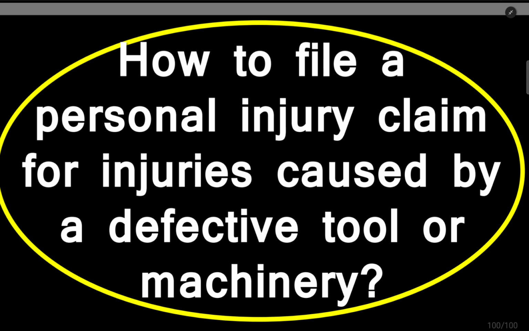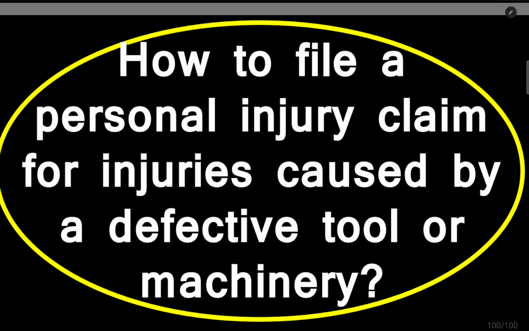How to file a personal injury claim for injuries caused by a defective tool or machinery. If you work with tools or heavy equipment, you know how dangerous they can be, especially when something goes wrong. A defective tool or machine can cause serious injuries, and when that happens, you have the right to seek compensation.